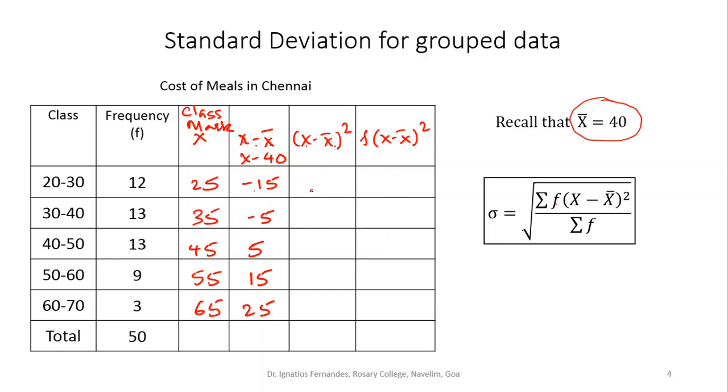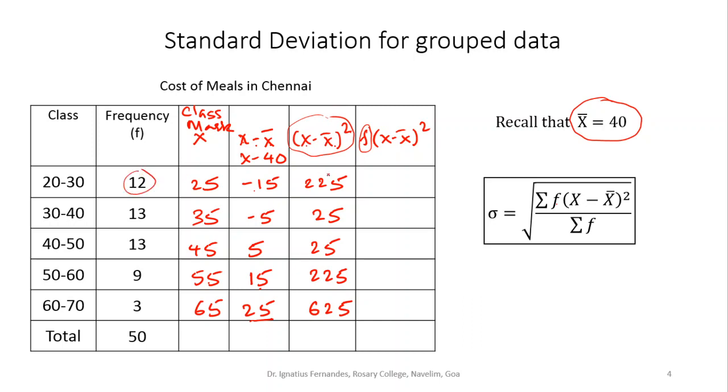Minus 15 square is 225. Minus 5 square is 25. 5 square again is 25. 15 square is 225. And 25 square is 625. Once I have found this, now I multiply frequency to each of these values.